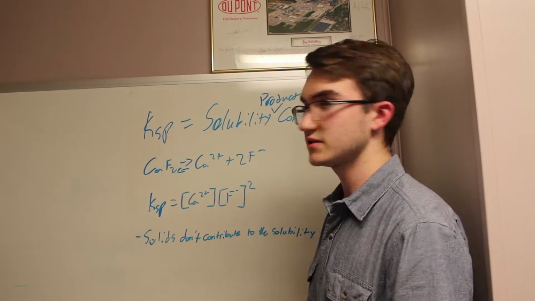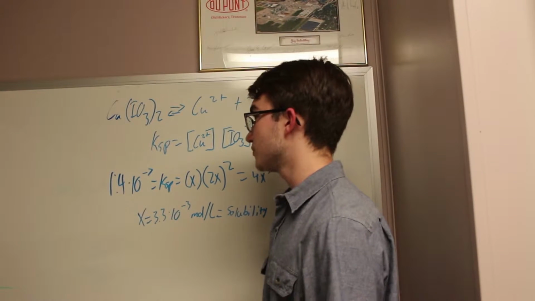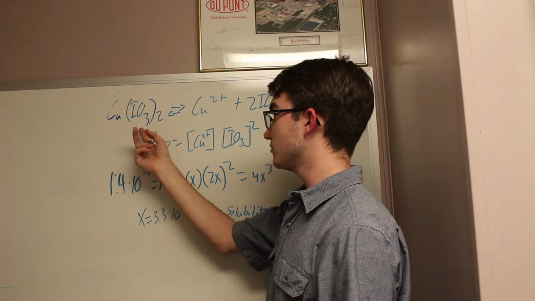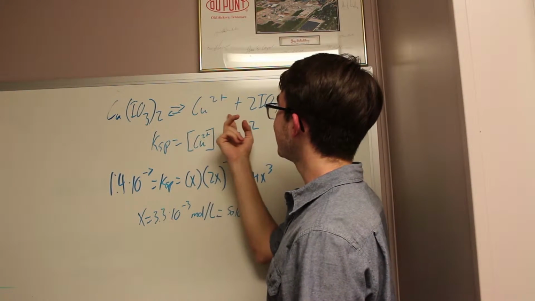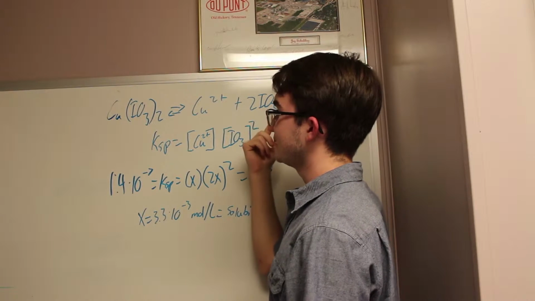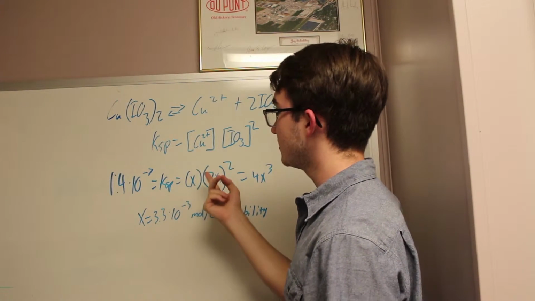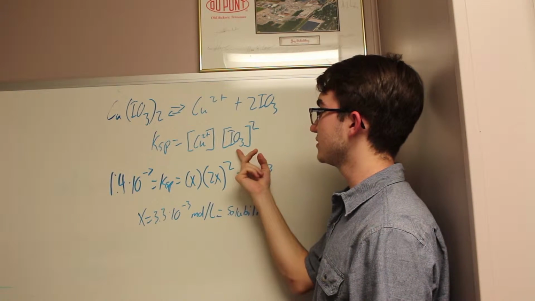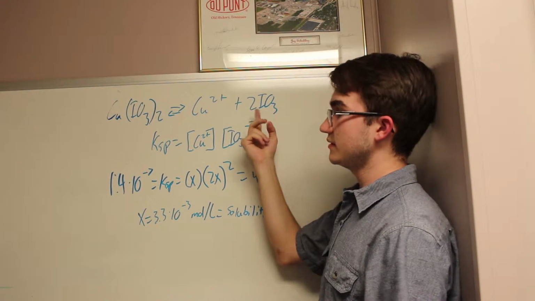of a substance. So let's do a problem. Copper IO3 goes to copper plus 2 IO3. And the KSP is equal to the concentration of the copper and the IO3 squared, because there are two of them.